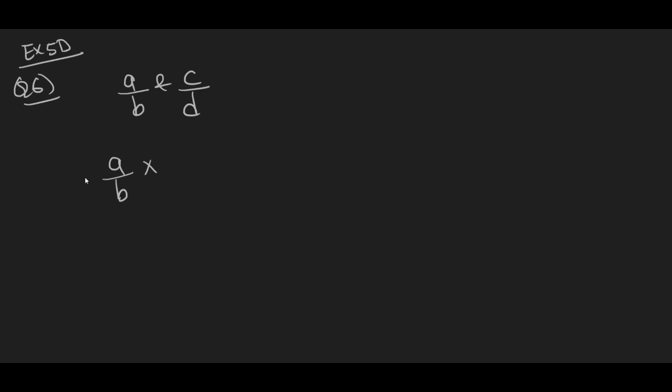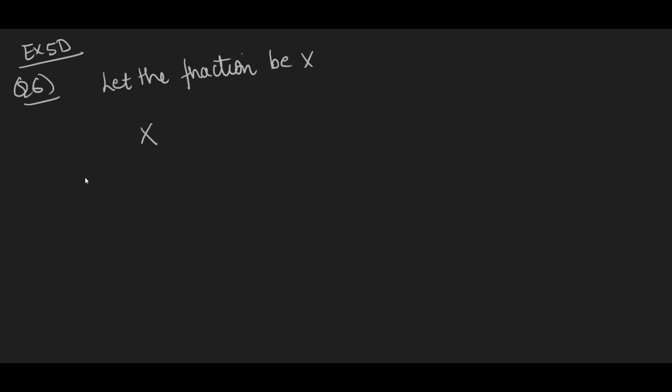What you can do here, children, is you can take the fraction as x. Let the fraction be x. So the product of two fractions, so x into, if one of the fractions is 1 5 by 7, equals 10 5 by 7. So this is your equation. You will solve this.